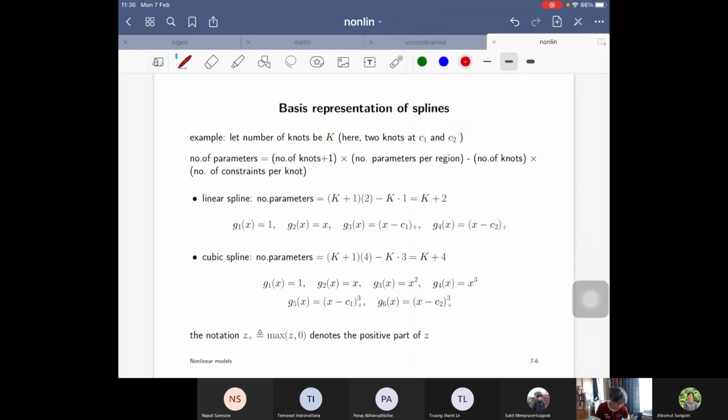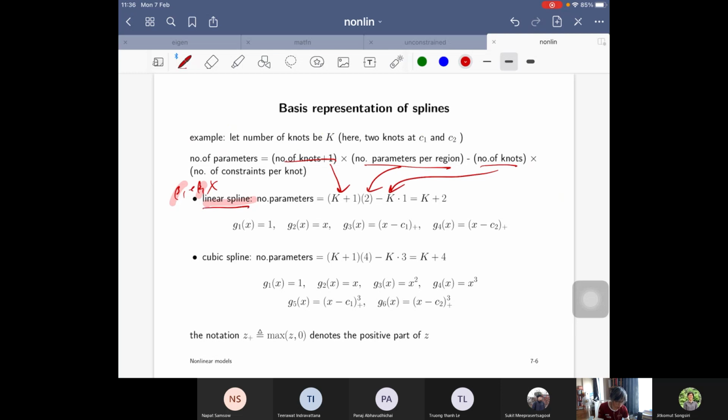Let's see some examples. Now, a linear spline means that you use a first order polynomial in each interval, right? The total parameter count in the linear spline would be of course k plus 1 regions, and for linear spline, how many parameters per region? It's going to be 2. And here is the number of knots k.